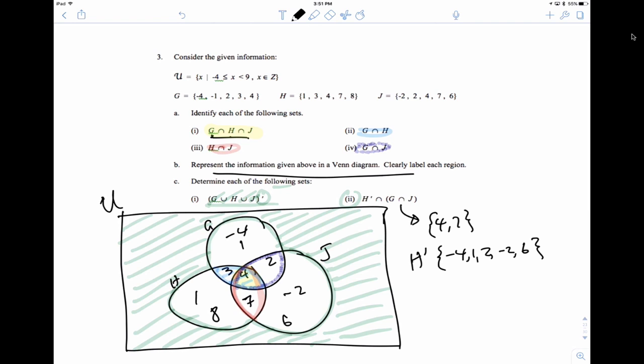Although it just occurred to me, did we get all of the elements up here? -4, no we didn't.